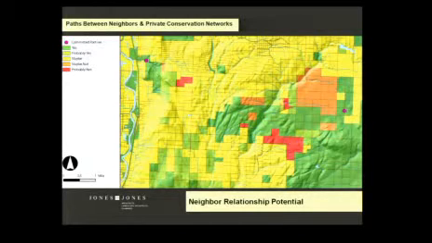Again, this is about trying to focus and make sure that the efforts are well spent. If I've got a neighbor who's completely in favor of doing something like this and taking down the fences and even potentially doing a conservation easement that bridges both of our properties, if I know that person is interested in that and I know the other neighbor is not, well, I'm going to focus a lot of my time on the one who's in favor of doing this.